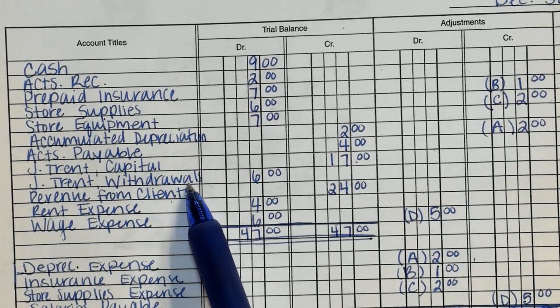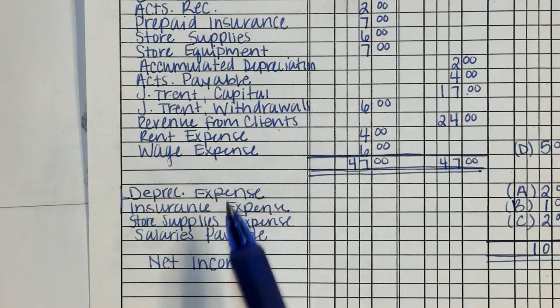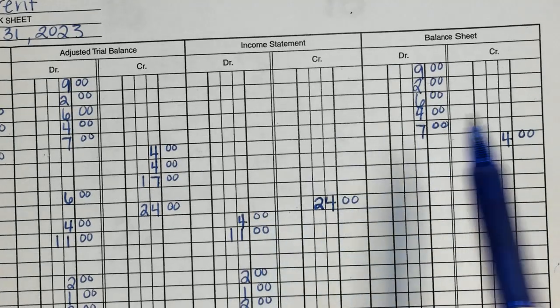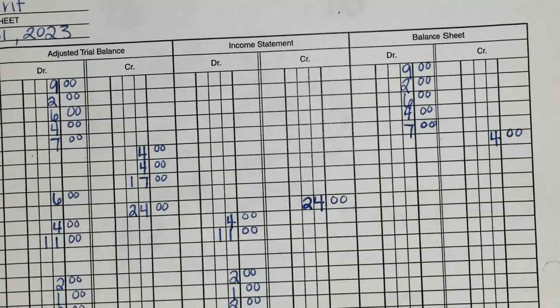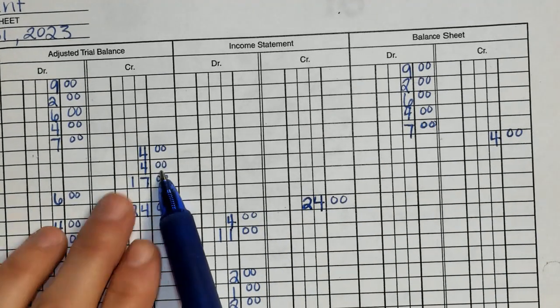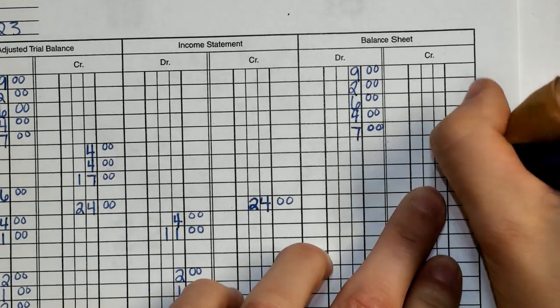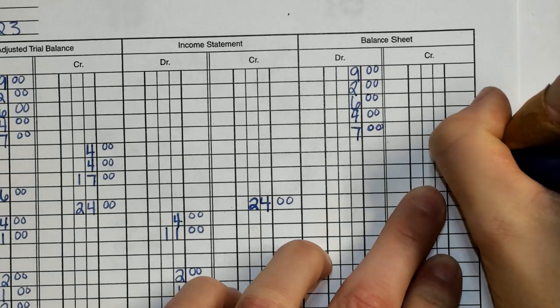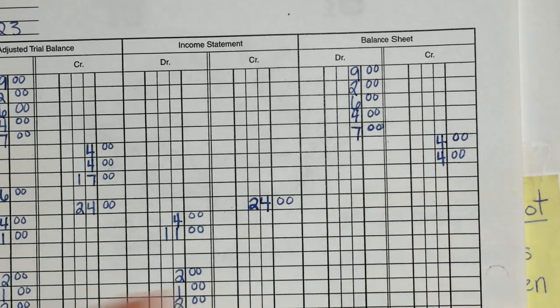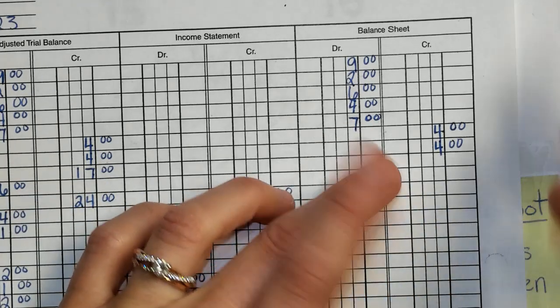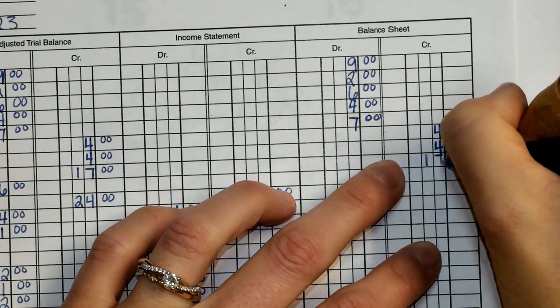So we have withdrawals, and then the last one we're going to be adding in there is the salaries payable. Okay, so let's go ahead and put those numbers in. Accounts payable should have $4 on the credit side. Our capital still has $17 on the credit side.